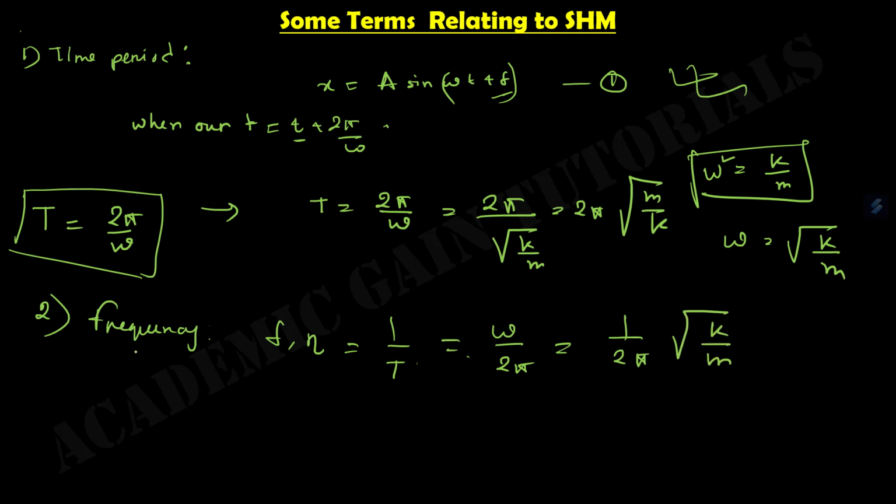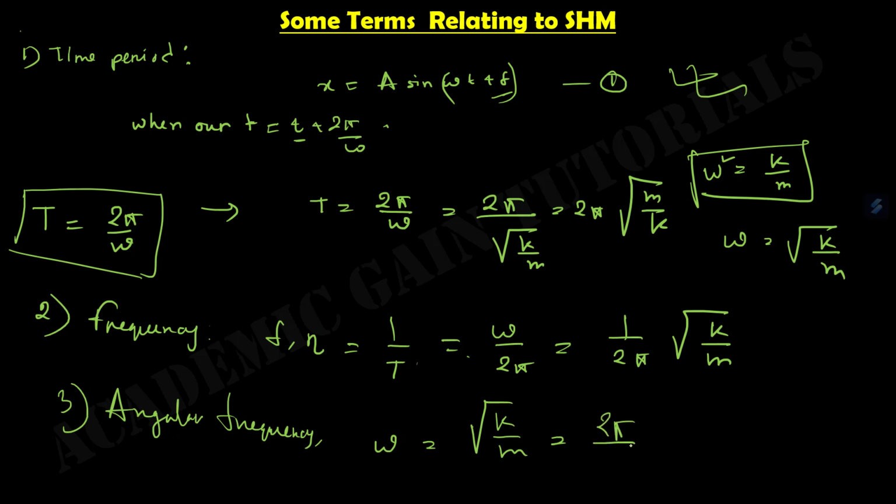This is the equation for our frequency, and the last is our angular frequency. We represent it as omega, and omega equals root over k by m, or omega equals 2 pi by T from this formula.